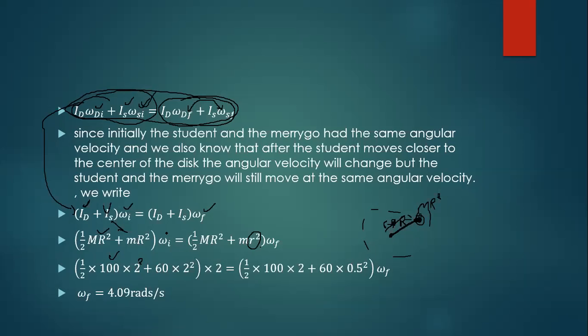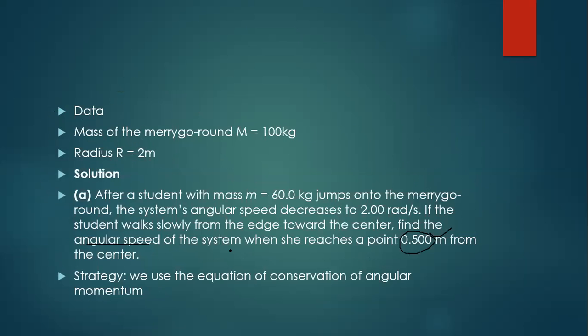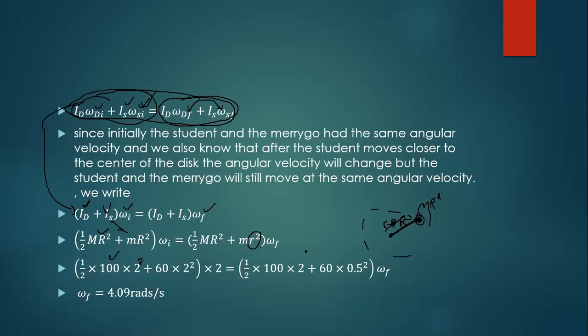And we also know that the angular velocity of the system in the initial stage was 2. It was given as 2 rads per second when the student jumped on the merry-go-round. So we have the angular velocity there, 2. So we do the same for the final.